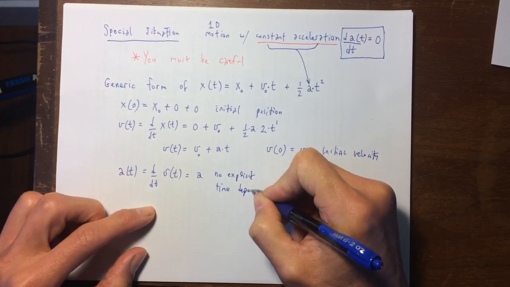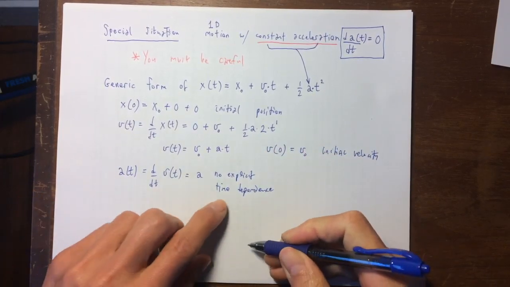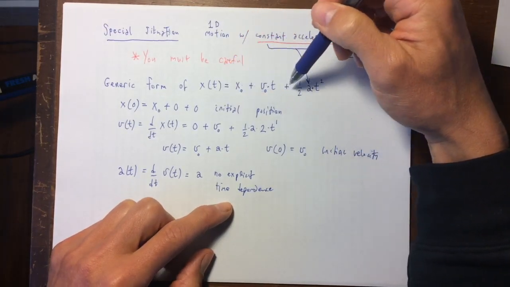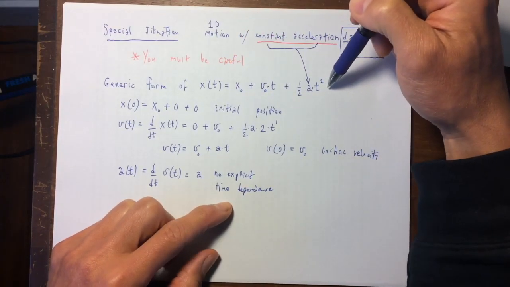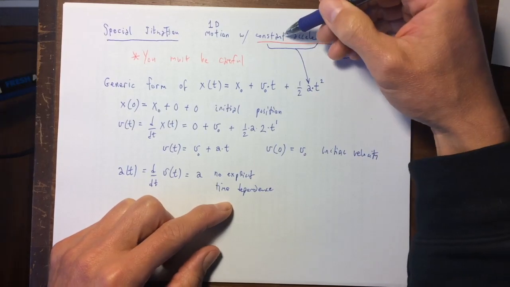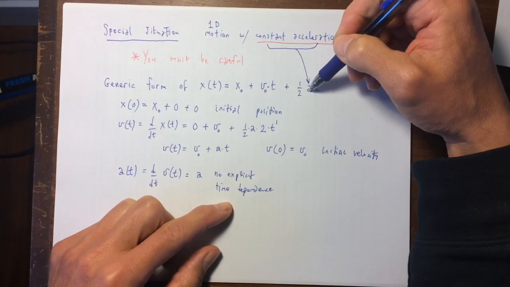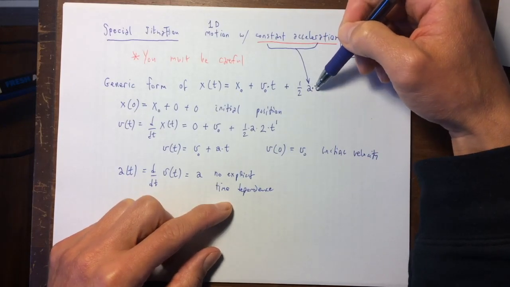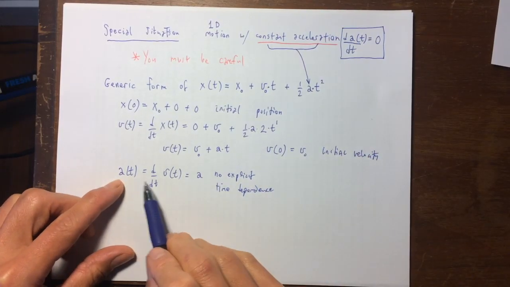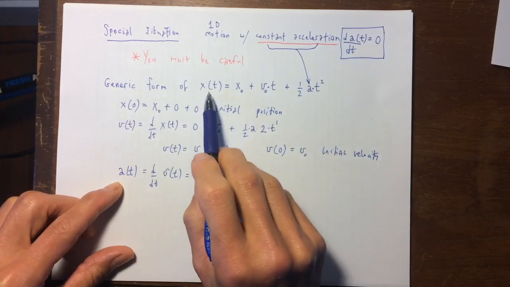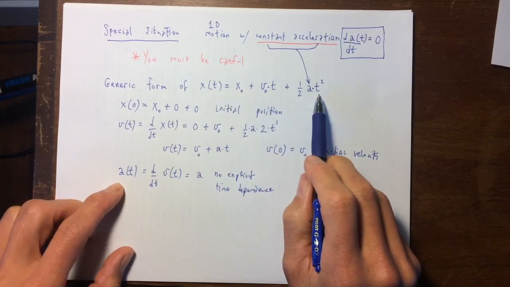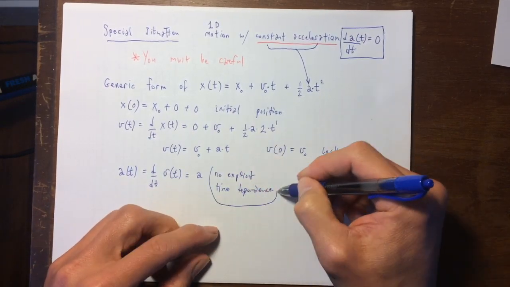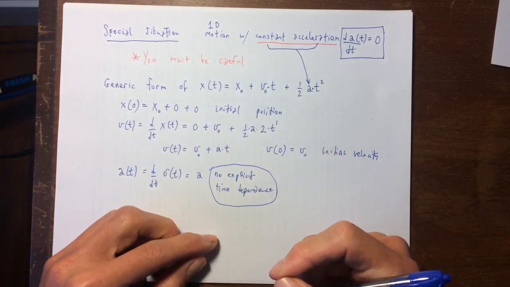And so earlier I said that the only way that you're allowed to use this generic form for accelerated motion is if you are guaranteed you know that the acceleration of the object in question does not change in time. And here, what I've showed you is that this motion is constant in time acceleration.